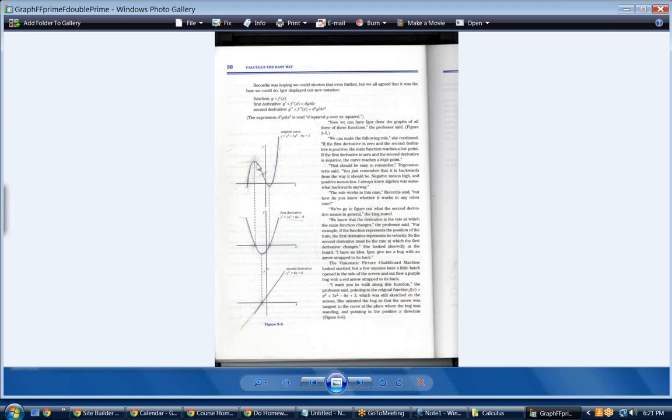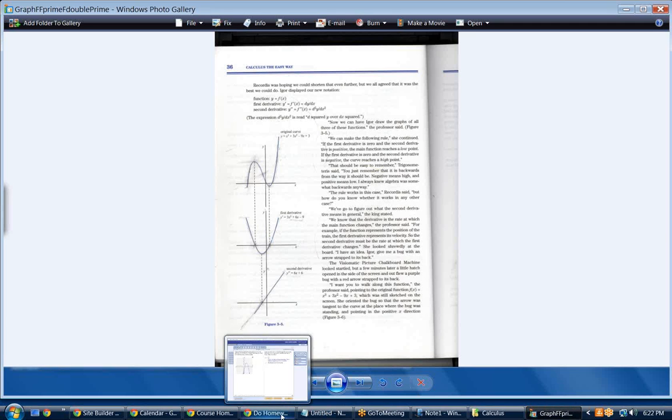Then the moment it turns and starts decreasing, the whole time it's decreasing, we're below the x-axis on the first derivative. And then when it turns around and starts increasing again, we're positive. So that's a key relationship between functions and first derivatives.